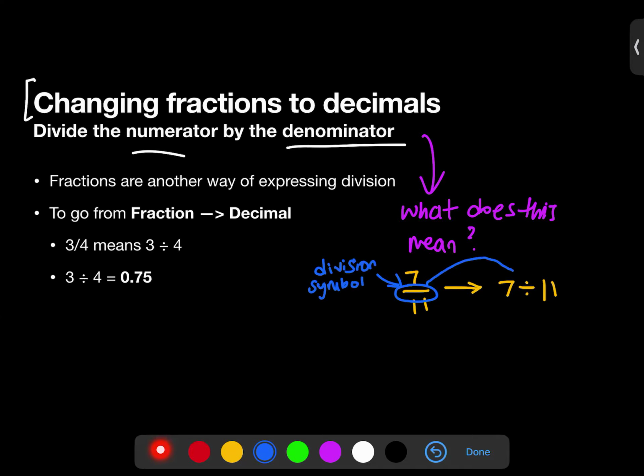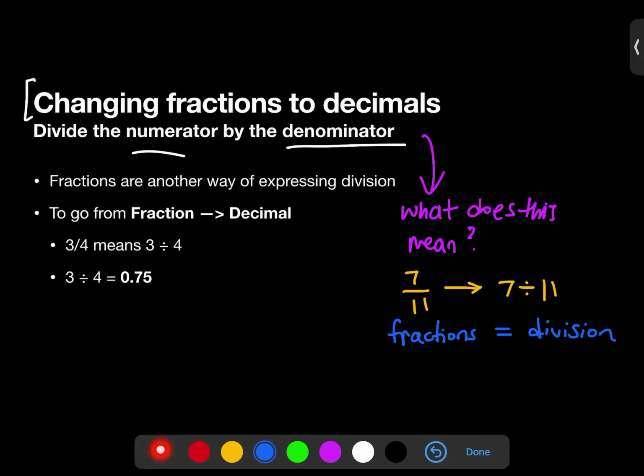So whenever you see a fraction, what it actually means is division. So fractions equal division.